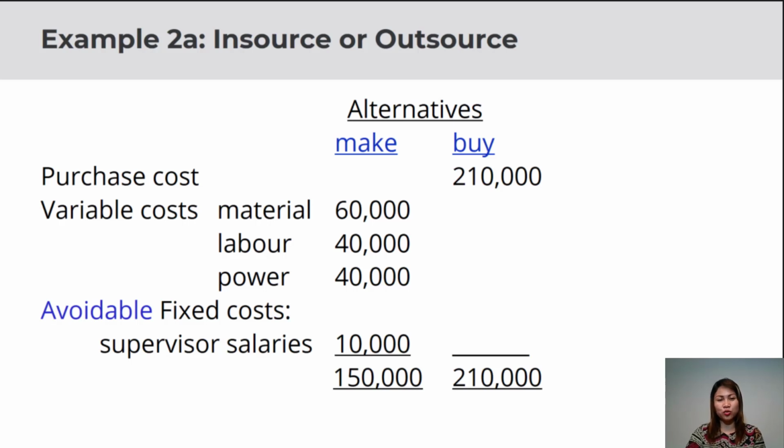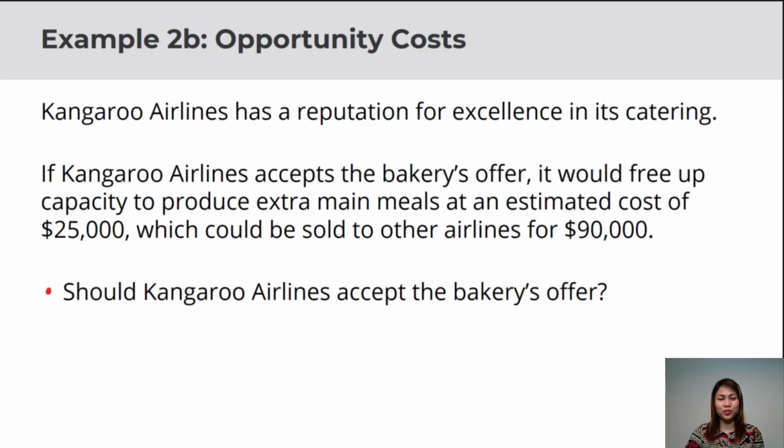So 10,000 should be placed as an extra cost for the alternative to make the dessert in-house. So the total cost for keep making it will be equal to 150,000. If you're going to purchase the dessert from a Melbourne bakery, the price for you in total is $210,000. At this point in time, a better alternative for you is to keep making your dessert in-house.